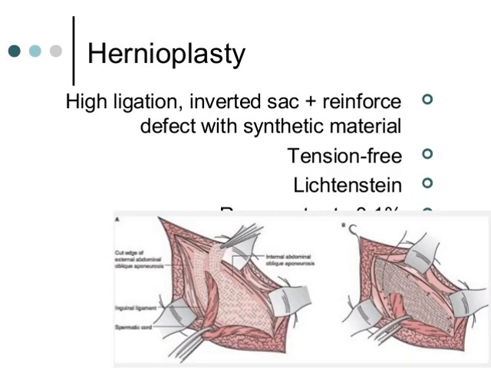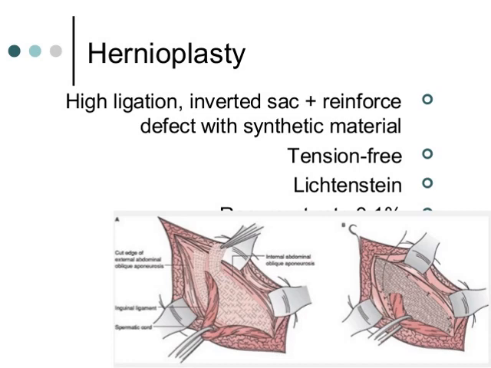The second is the pure synthetic repair. Pure synthetic repair is the Lichtenstein tension-free repair. Here, after herniotomy or eversion of the sac to the inside, they put a synthetic non-absorbable mesh, like the Prolene mesh.